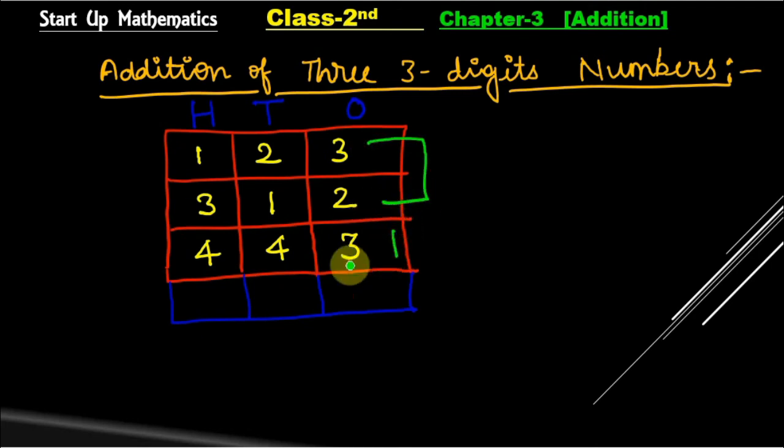For example, 2 plus 3 is equal to 5. So here we get 5, and after that we will add 3 to the sum of the first two numbers. So 5 plus 3 is equal to 8.